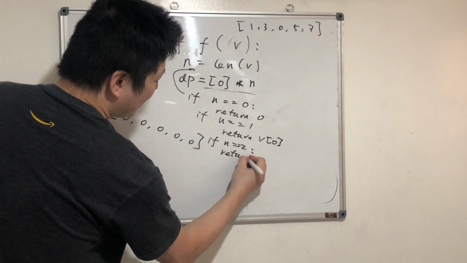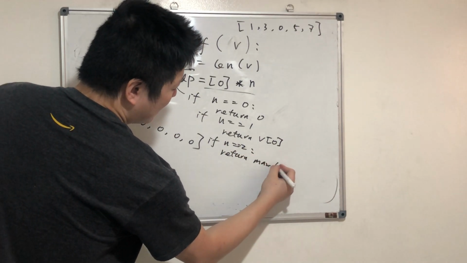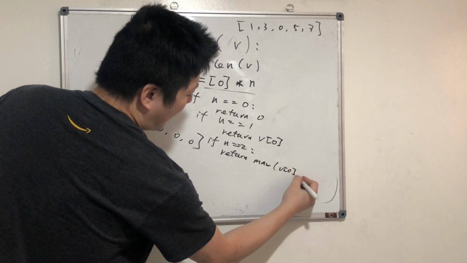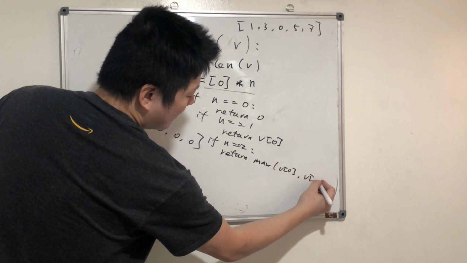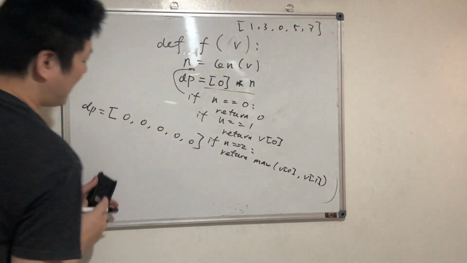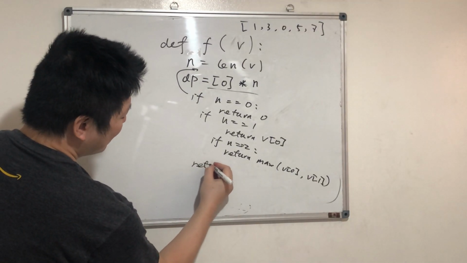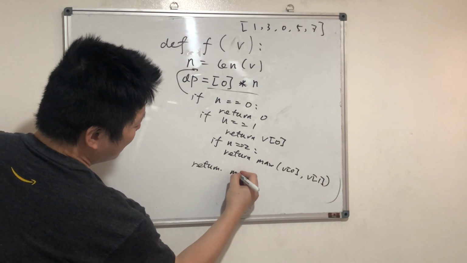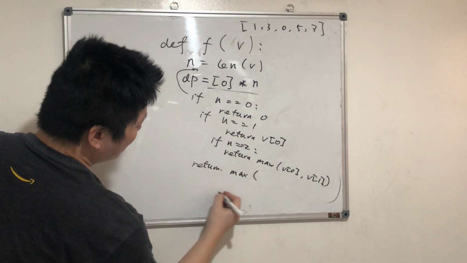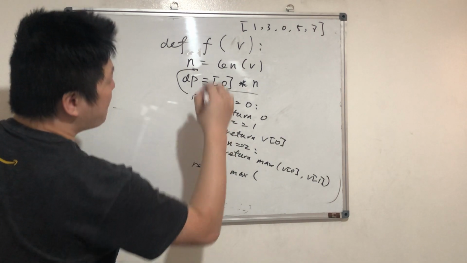Return, so how do we write it? Return max of V0 and V1. Okay, now then work. Return, the thing. I want to pick the maximum of these two.